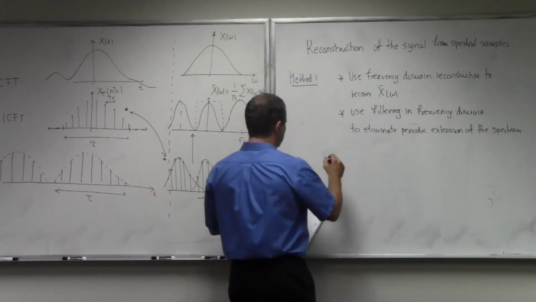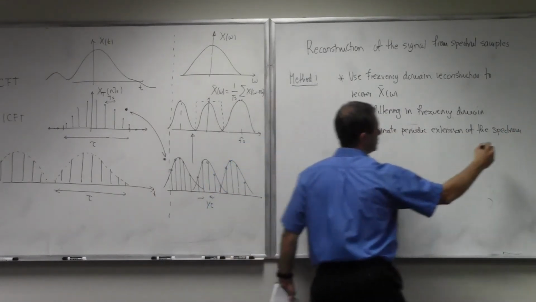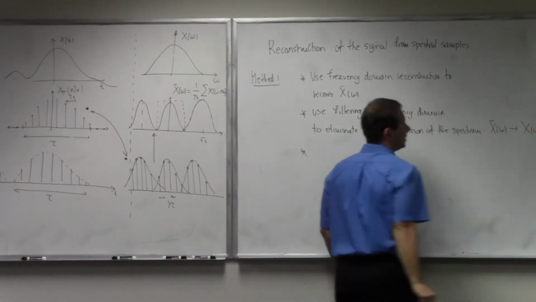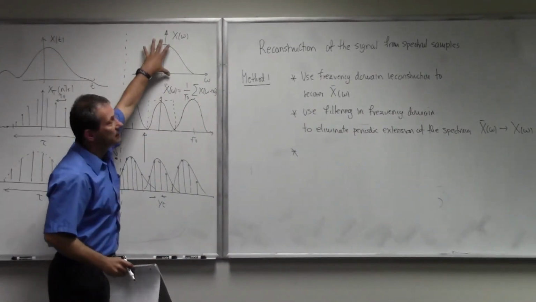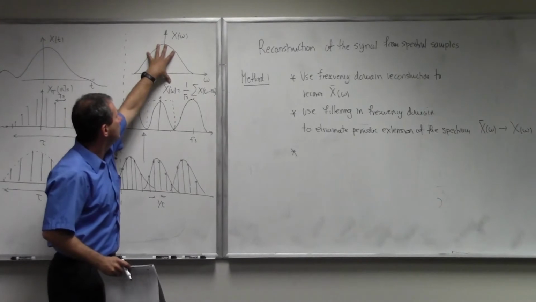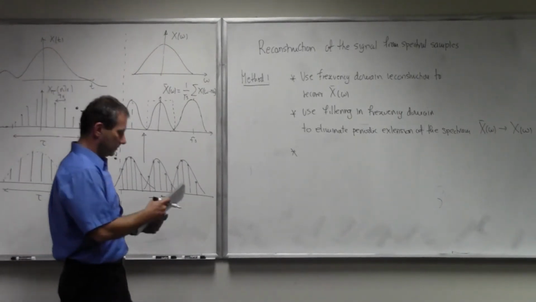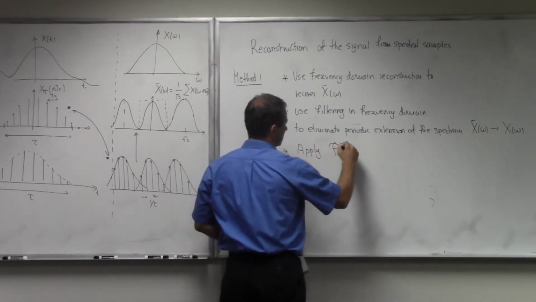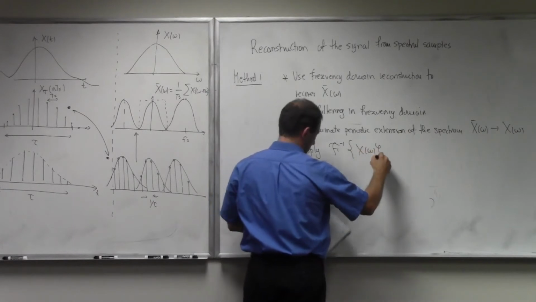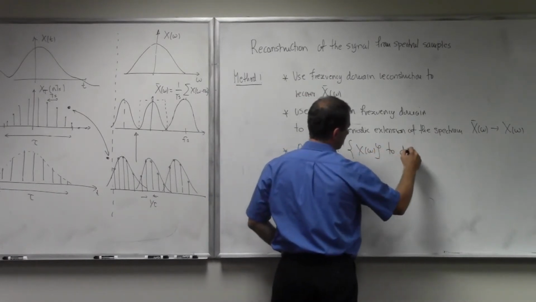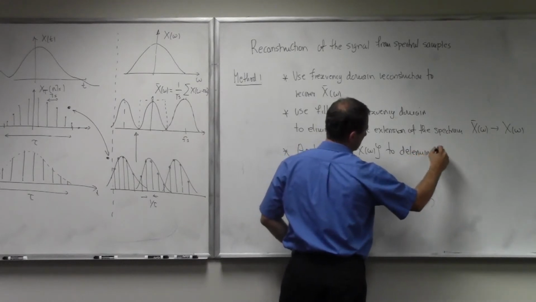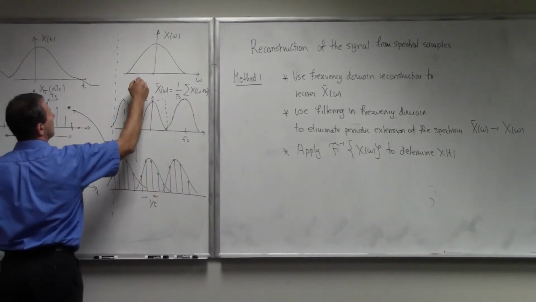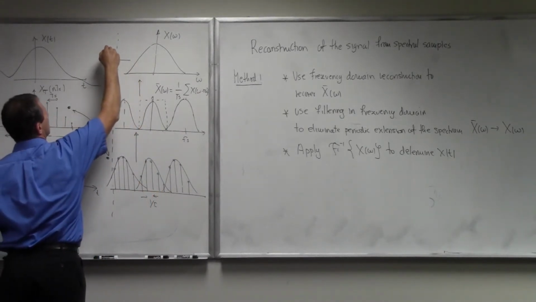This essentially means going from this x hat into this, and then in the last step, applying the inverse Fourier transform of x of omega to determine x of t. So this is going from these samples, this route, and then this route. So that's method one.